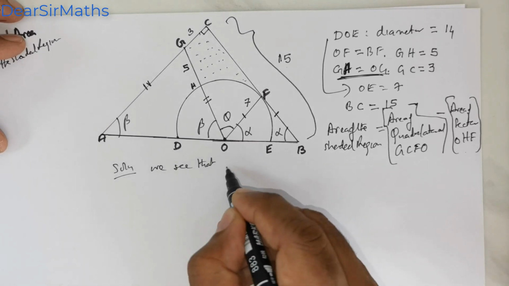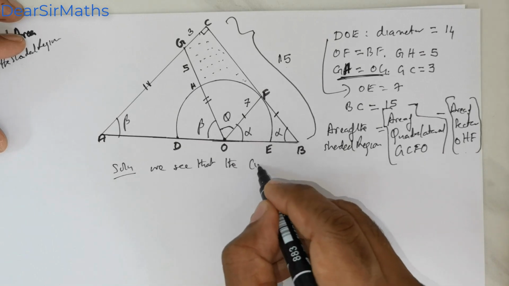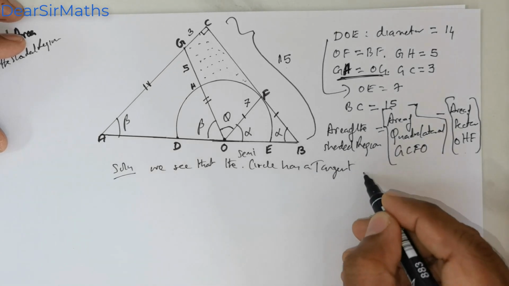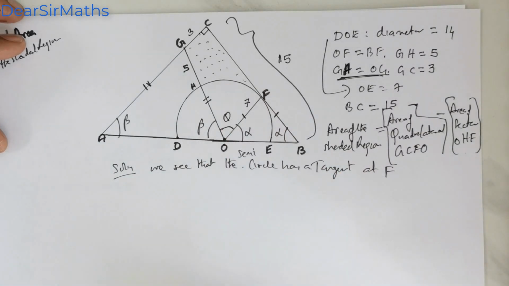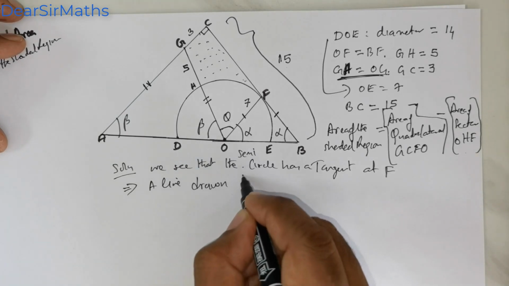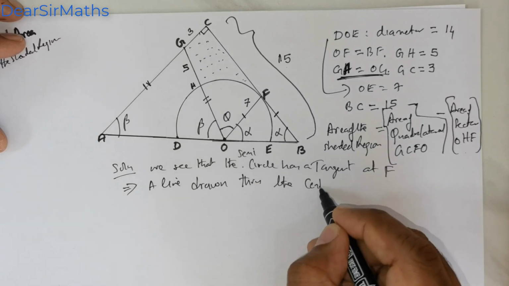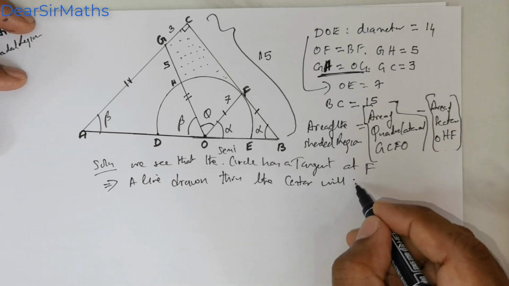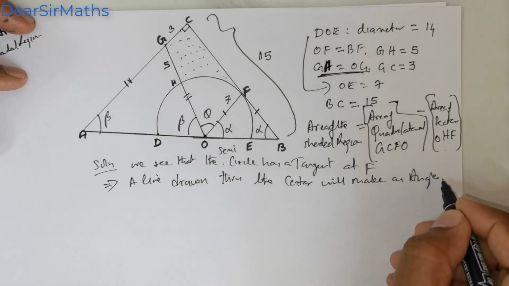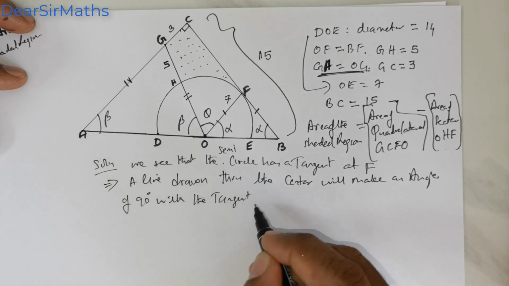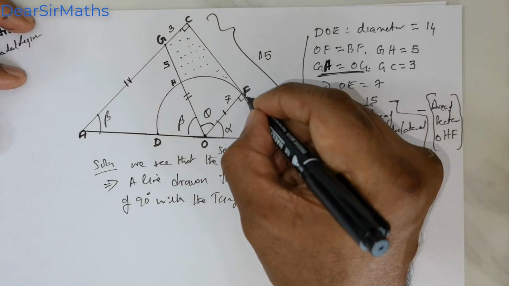We see that the semicircle has a tangent at F. So this would mean a line drawn through the center will make an angle of 90 degrees with the tangent. This is by theorem at F.